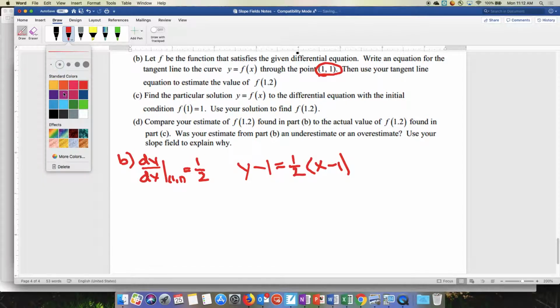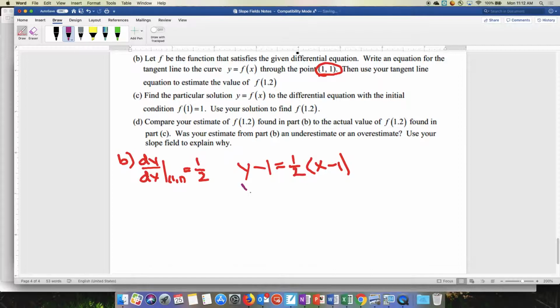So if we plug in 1.2, that's a 2. What is 1.2 minus 1? Oh, times 1/2.